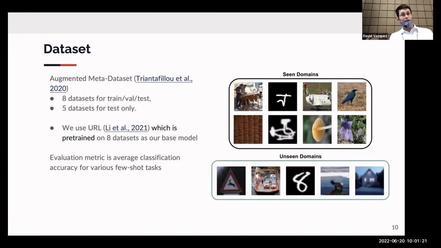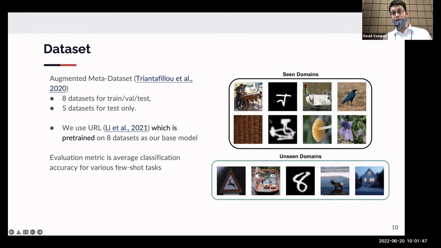We evaluated our method on the augmented Meta-Dataset, which has 8 datasets for train, val, and test, and for test only we have 5 unseen datasets. We use our previous model, the URL backbone, and evaluate average classification accuracy for various few-shot tasks.